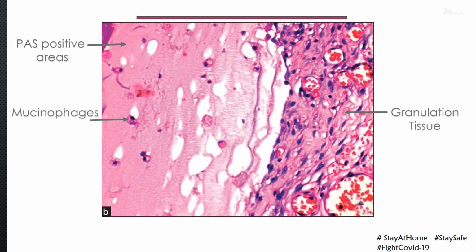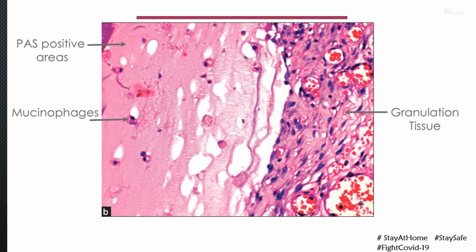It should be remembered that special stains like PAS are ideal for confirmation of the mucus content. So we will see a classic magenta colored staining of the mucin within the cystic lumen. Adjacent granulation tissue will show inflammatory cell infiltration.